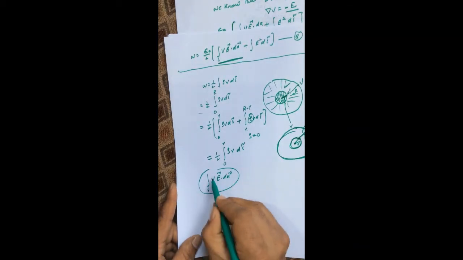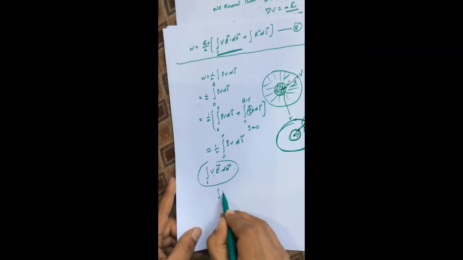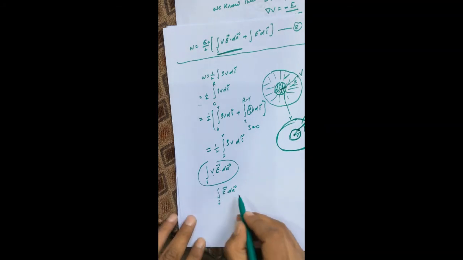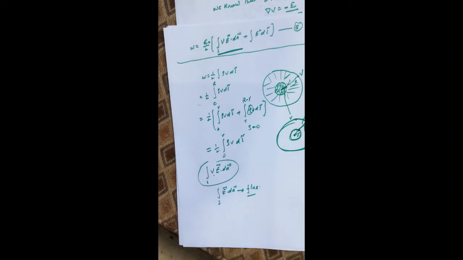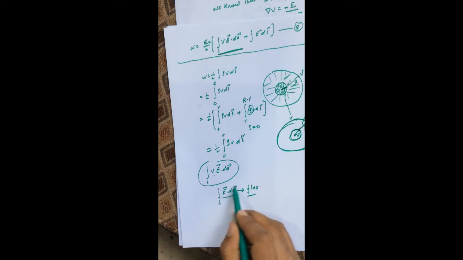Consider this integral without the potential. We have the integral of E dot dA, and this basically gives us the flux according to Gauss law. This is the definition of flux: electric field lines passing through a unit area is called flux.